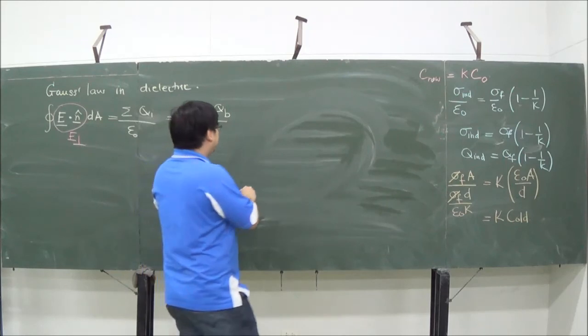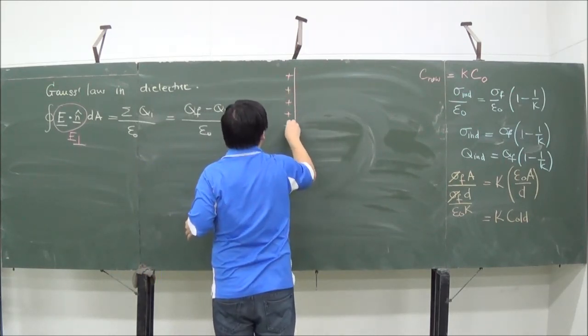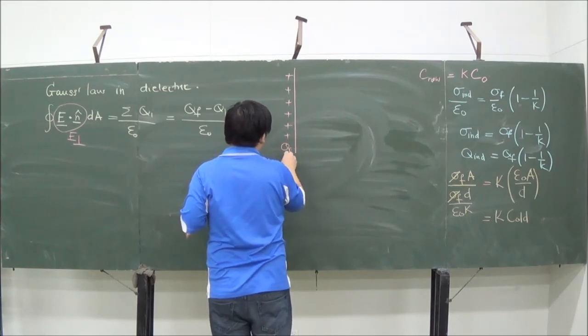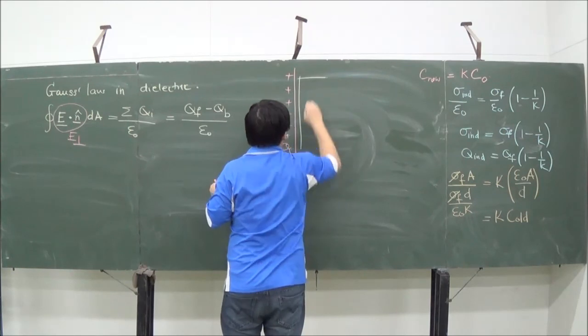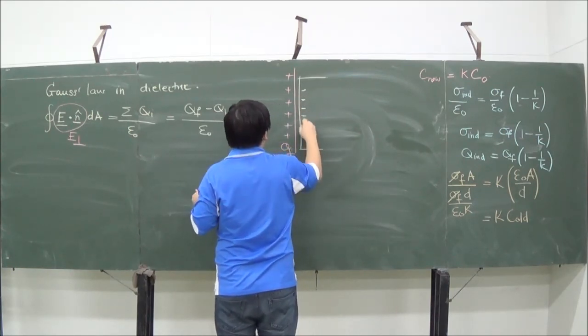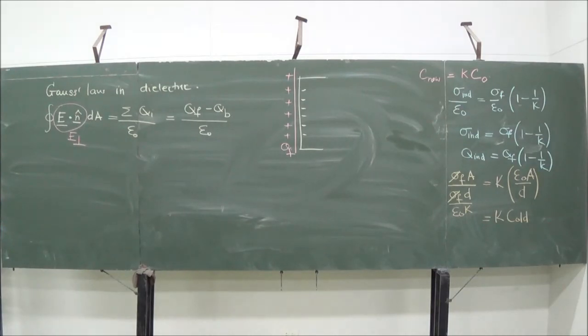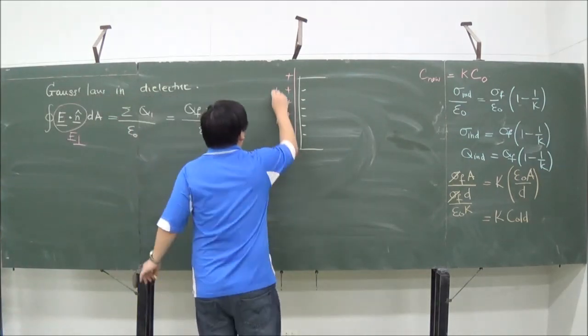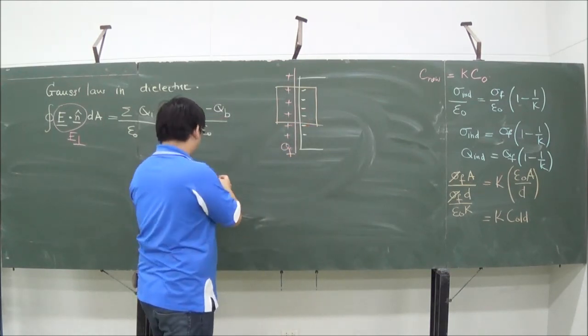If I have a parallel plate capacitor with positive Q free, and an insulator, you have a negative induced charge. So when you enclose it with a Gaussian surface, it's Q free minus Q bound, or Q induced.